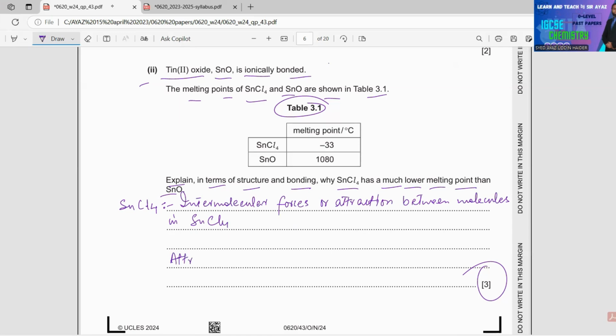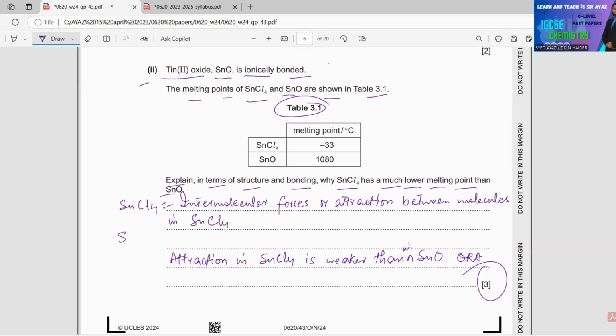Attraction in SnCl4 is weaker than SnO2. You can have a reverse argument like: the attraction in SnO2 is stronger than in SnCl4.